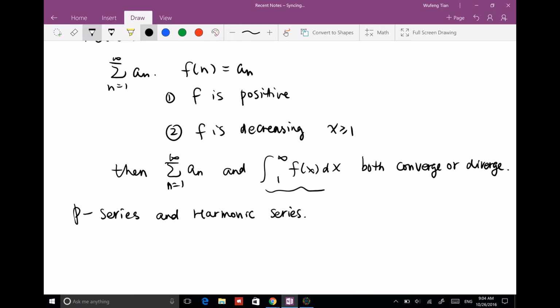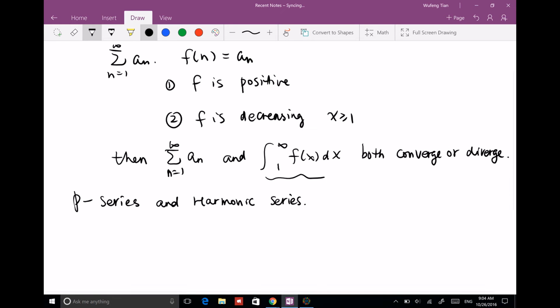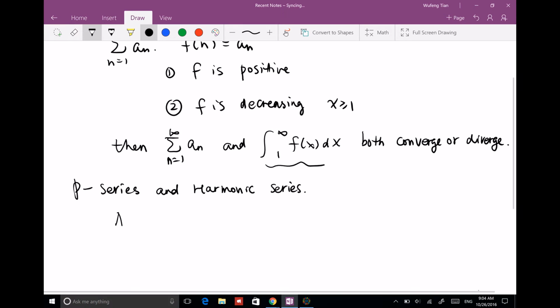So we're going to look at a series of the form sum from n equals 1 to infinity of 1 over n to the power p.